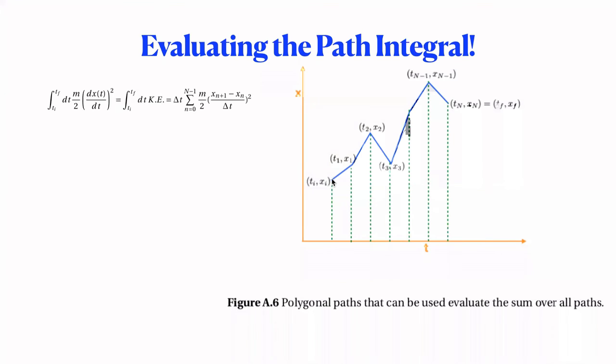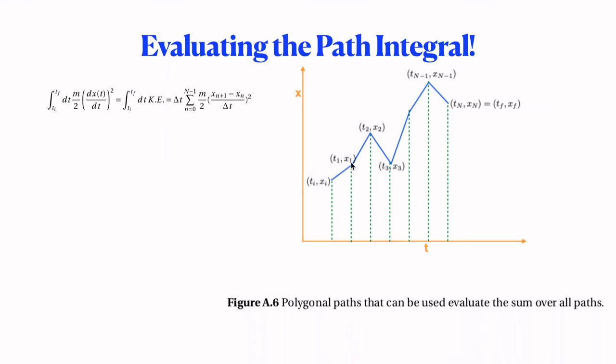Well, say the particle starts at x1 at the time t1 and ends at position x2 at the time t2. In order to calculate the kinetic energy, you have to subtract x1 from x2 and divide by the time interval t2 minus t1, which I will call delta t.